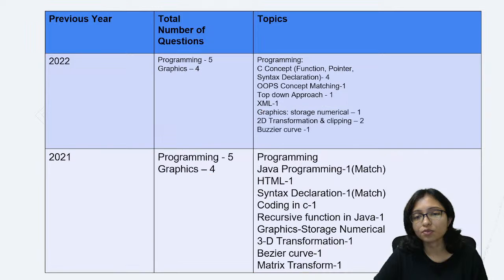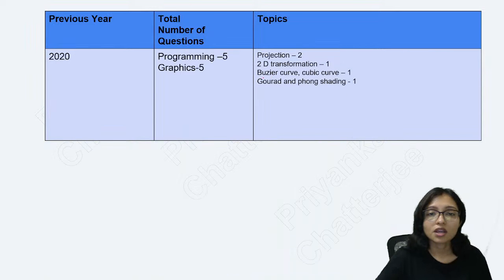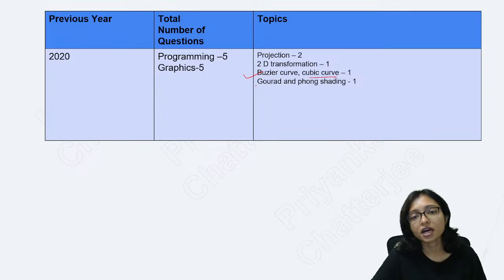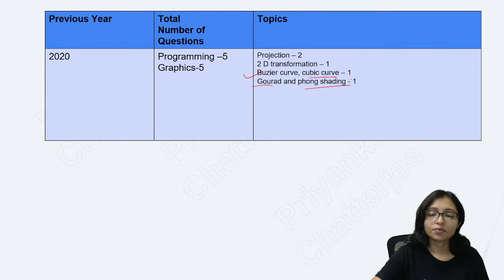Here also in computer graphics you can see 2D transformation, clipping, storage numerical, Bezier curve. Again in 2021 you can see 3D transformation, Bezier curve, computer graphics, storage numerical, raster function. In programming, recursive function, matrix transformation. Here also Bezier curve, cubic curve. These are the main areas of computer graphics.